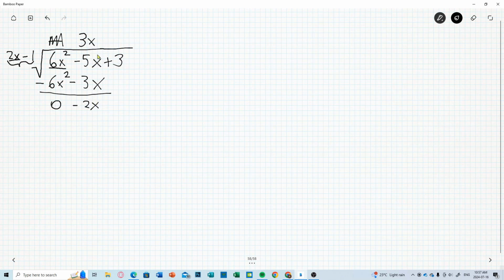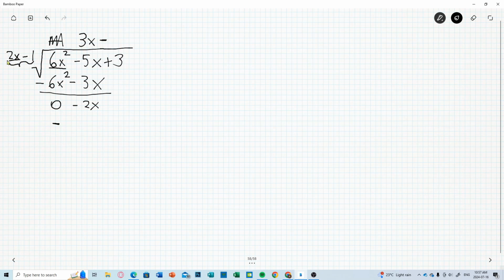Now what we can do here is we're going to have to subtract one more time, but we want our 2x to get rid of this negative 2x. But a negative minus a positive is going to give another negative. So we have to change the sign. So we know that this is going to have to be a negative because we want a negative minus a negative, because that will cause them to cancel out.